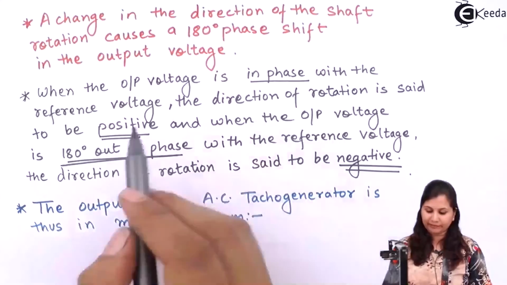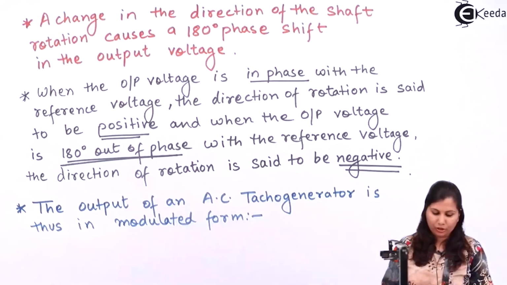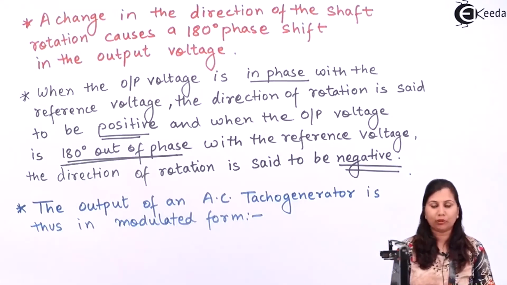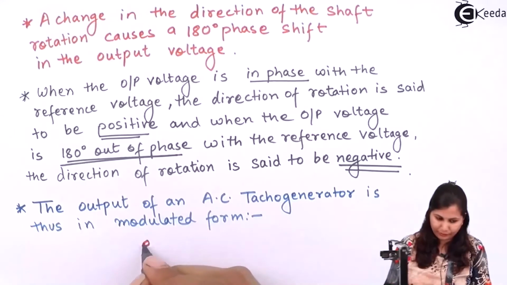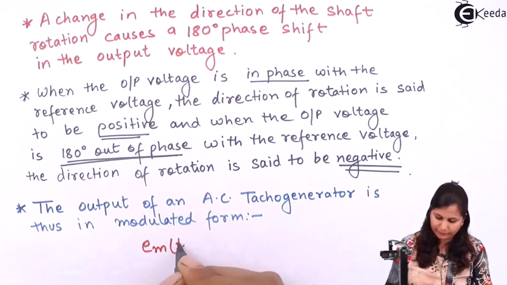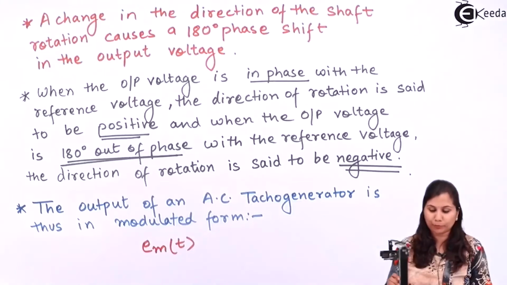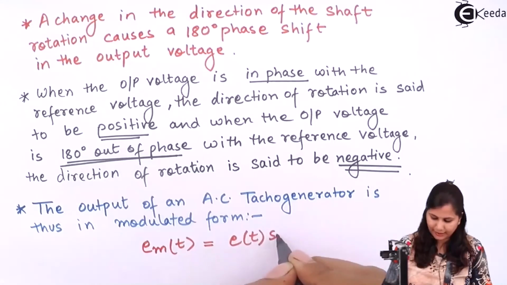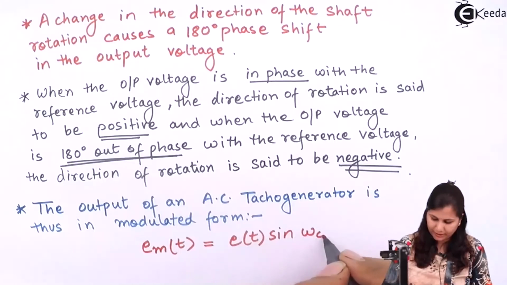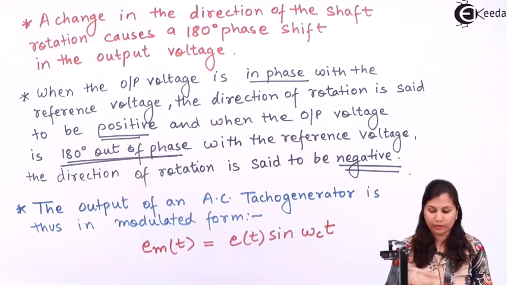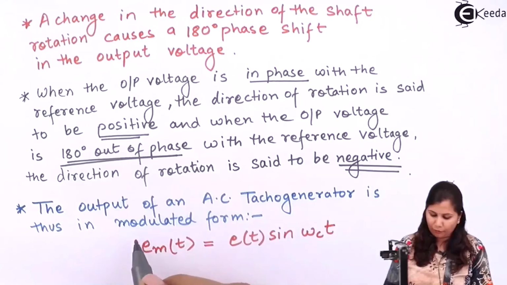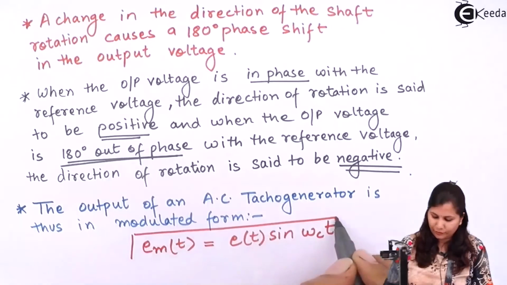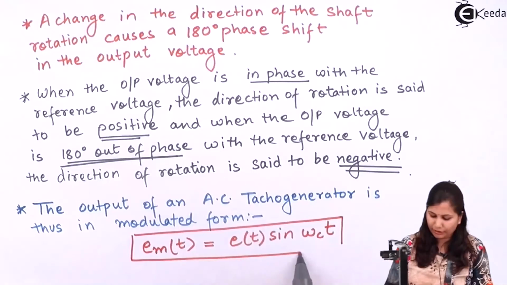Because every time we are changing its direction, the output will be in the modulated form, given by the equation EMT, that is the modulated output voltage. It is equal to ET sine omega CT. So this is the output of an AC tacho generator given in a modulated form.